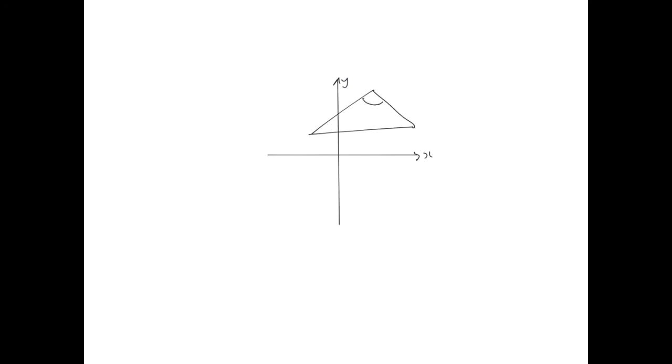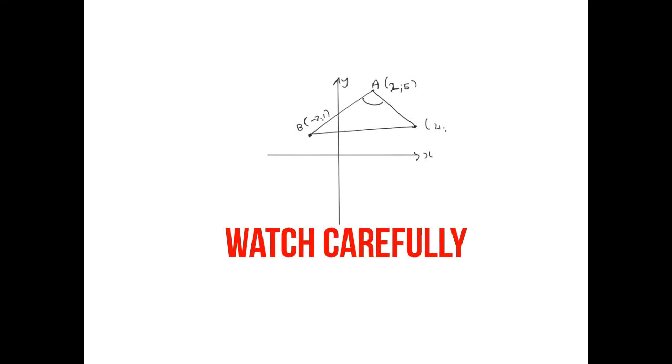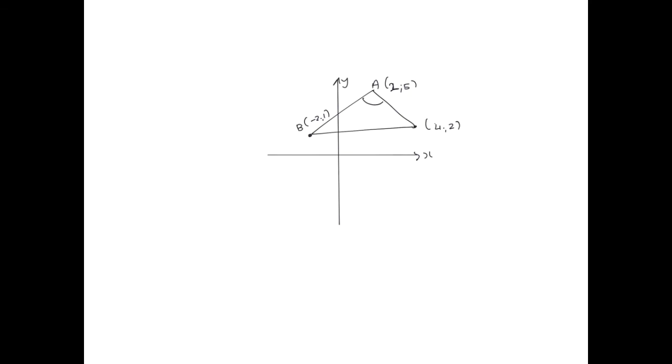And I want that angle. Let's say A in this case is 2 and 5, and let's say B is minus 2 and 1. Again, I'm just making up these values, and C is 4 and 2, okay? And I want BAC.